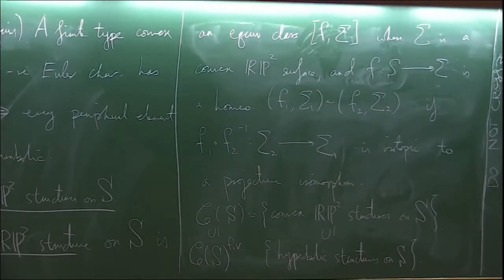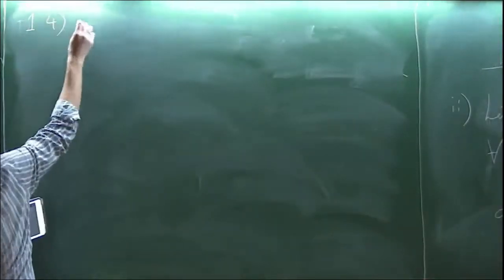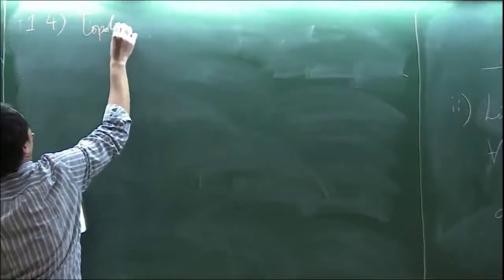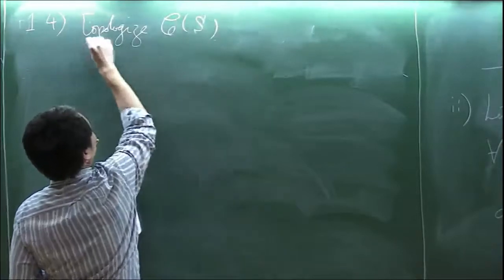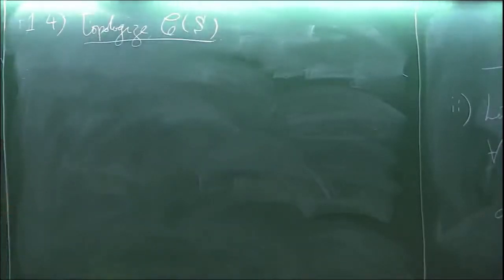So the next thing I would like to explain to you is how to topologize this space. This deformation space of convex RP2 structures is an example of an (X,G) structure that Stefano told us about last Friday.